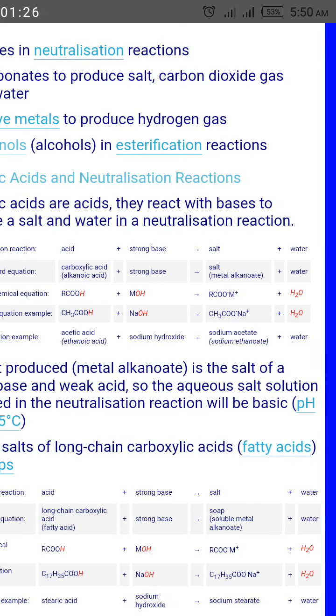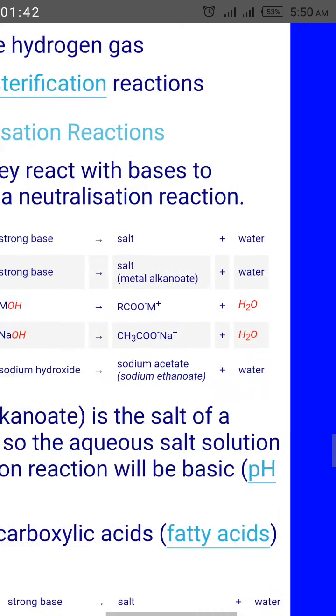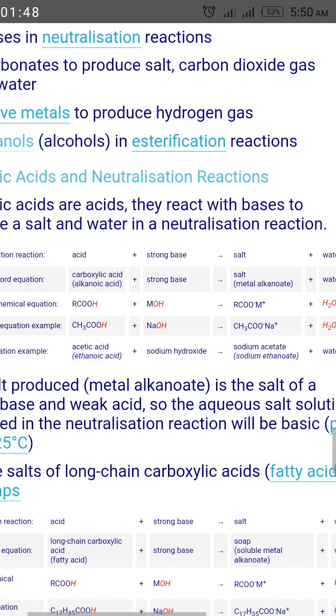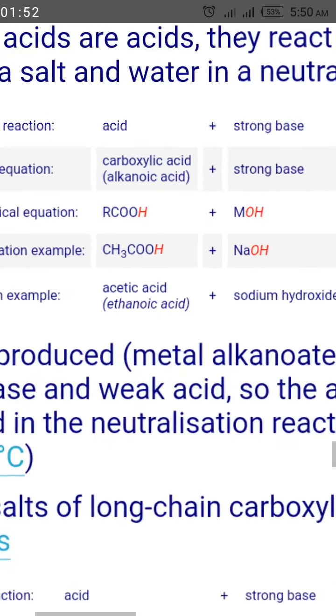One thing about metal alkanoate is that you name the salt exactly the way you name an inorganic salt, like sodium chloride. You say sodium ethanoate. So that is what metal alkanoate means. Alkanoate is an organic salt, right? So the name of the salt will come first, and water is also liberated. So please get that.